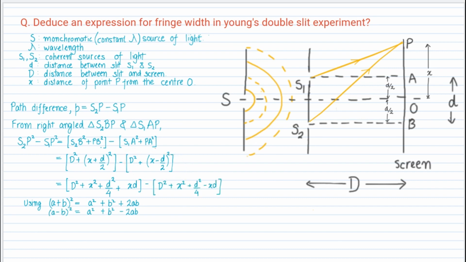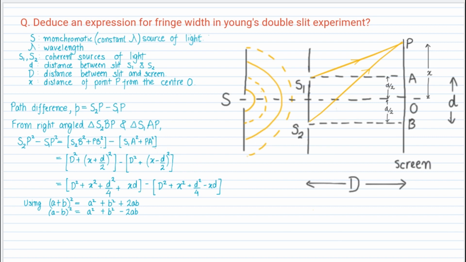If I expand this term, d square will be written d square. Now for this part, you can use this identity: (a minus b) whole square equals a square plus b square minus twice of ab. So here x square plus d square by 4 and then minus 2xd, that means 2 times x times d by 2. This 2 and this 2 get cancelled, so I will have minus xd here.